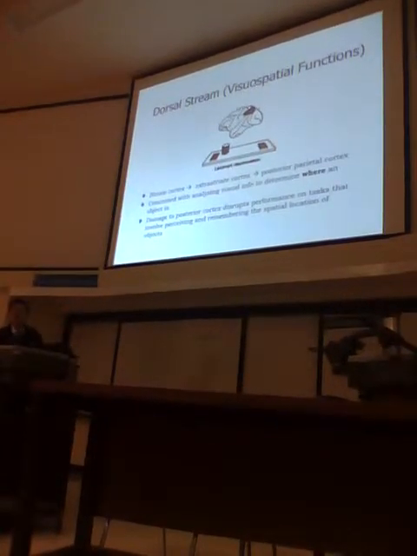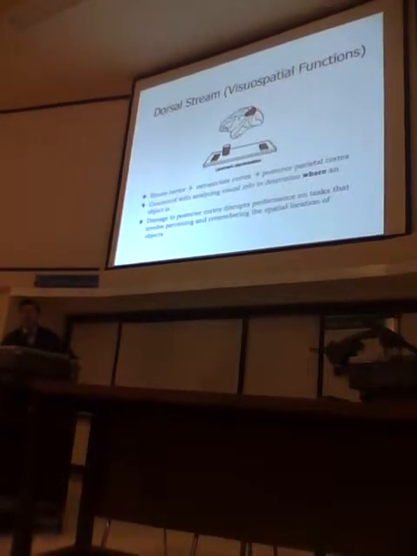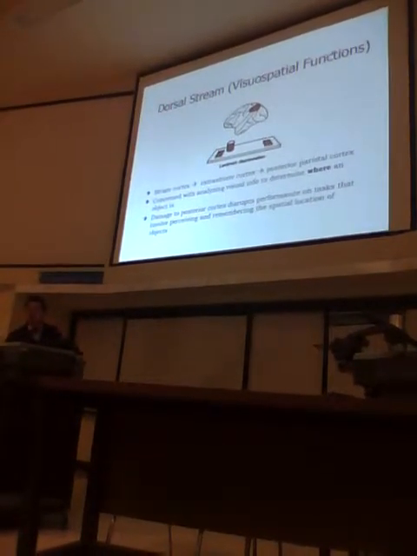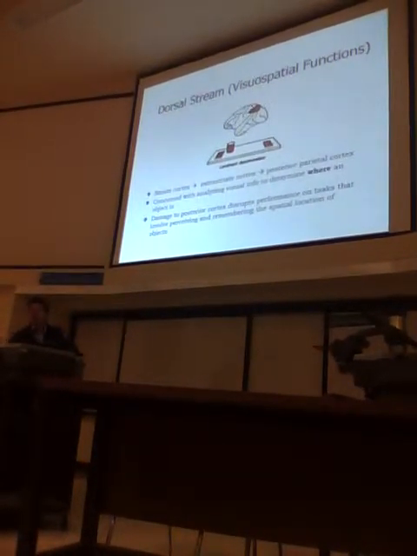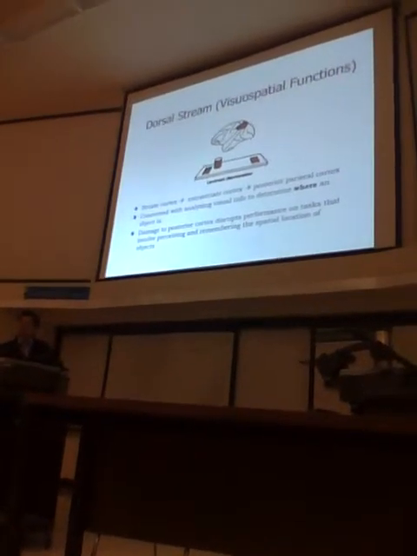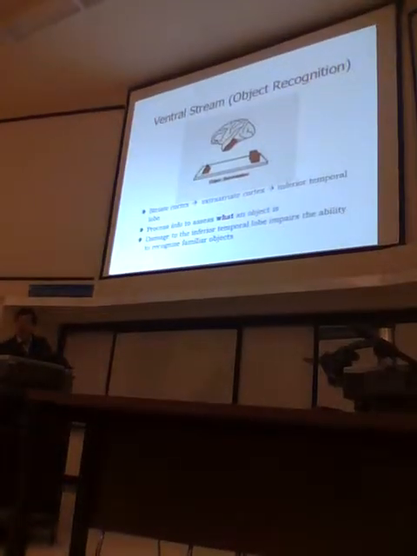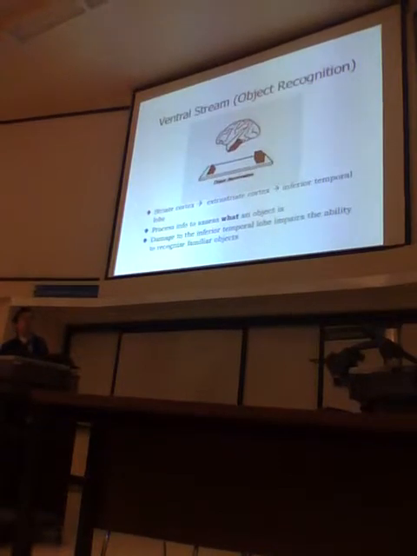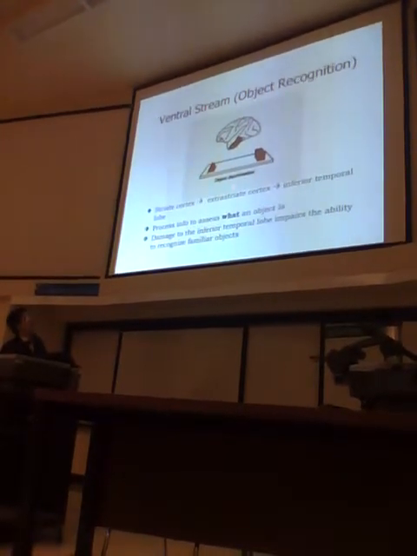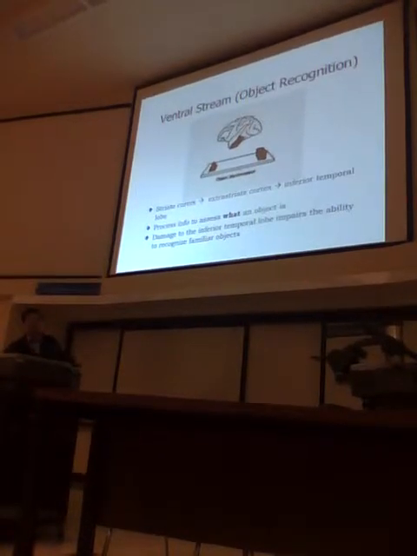So you wouldn't be able to recognize the location of an object and use that information to carry out visual spatial tasks. With the ventral stream, more interestingly, in my opinion, a lesion or injury to that pathway impairs the ability to recognize familiar objects.